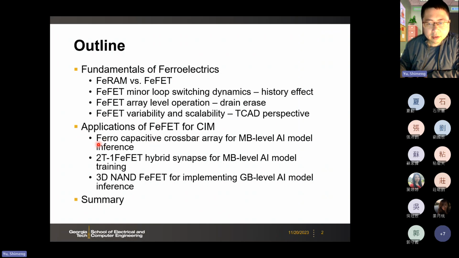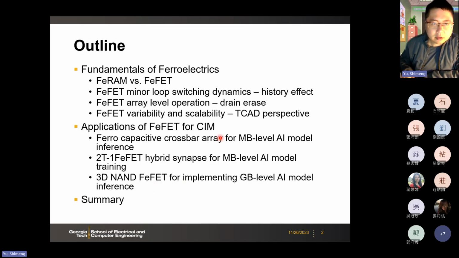And we have three applications. One is for megabyte level AI model inference, then AI model training, and finally we target ultra large models. So here the model size could be up to gigabytes or even hundreds of gigabytes, where the 3D NAND version of the FeFET will be very useful.